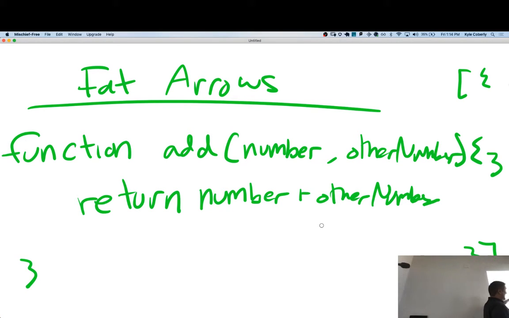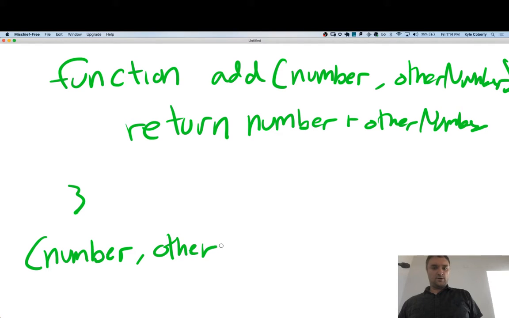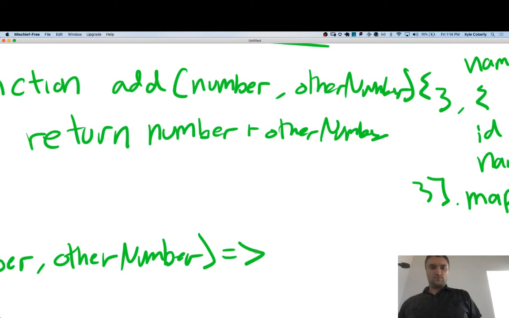Now this exact same thing we can write as number, other number, fat arrow, number plus other number.